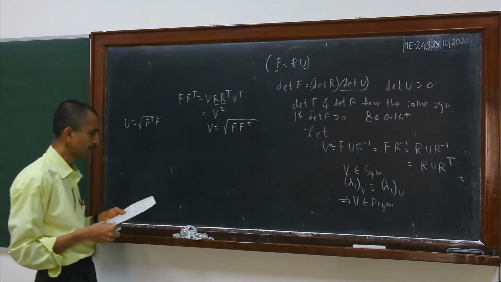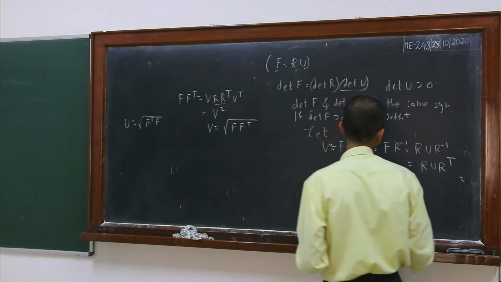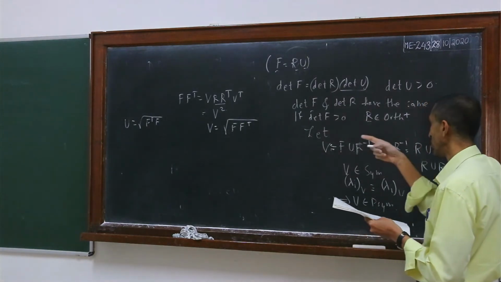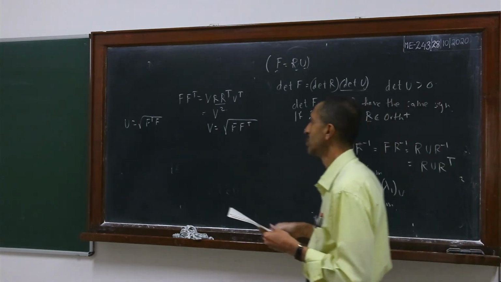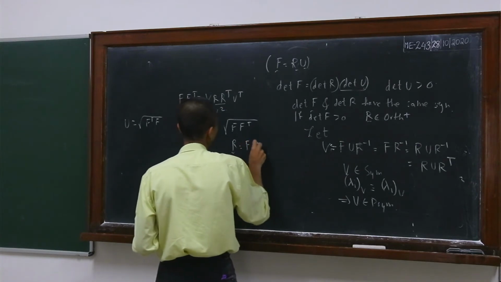And so what about uniqueness? So we have already shown that U is unique, right? Because it's a square root. And V is also unique since it is the square root of that. And what about R? So R is just F U inverse, right? R is equal to F times U inverse.